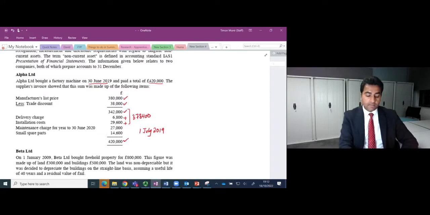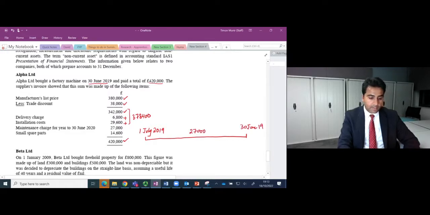So 30th of June 2019 was the closing balance, and 1st of July is the opening balance. So 27,000 has been paid for the whole year up till 30th of June 2019.